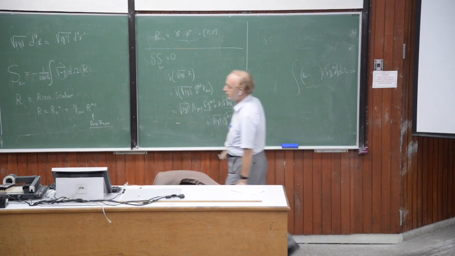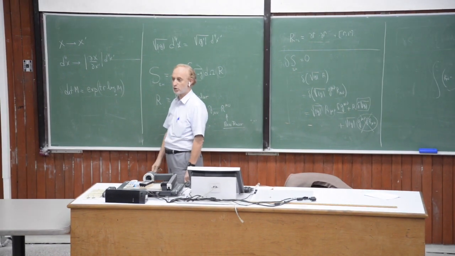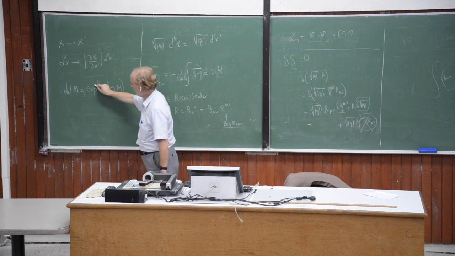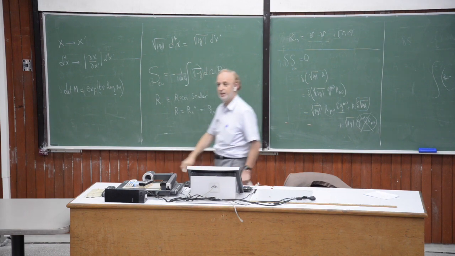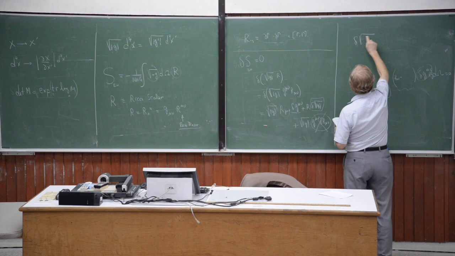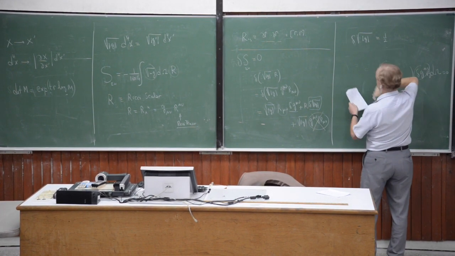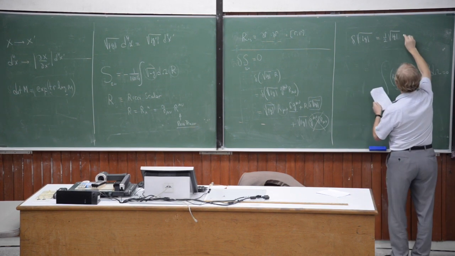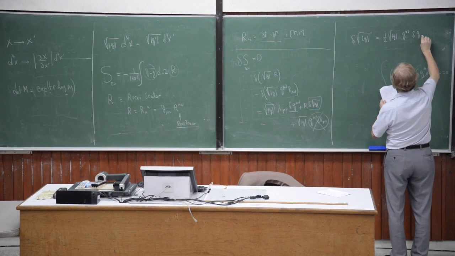To do this, we have to use this. So it's the square root of the determinant. So it's the square root of that, which is one half of this. Whatever, something like that. Okay? So let's just write it for you. So delta root of G is equal to one half root G, G mu nu delta G mu nu.